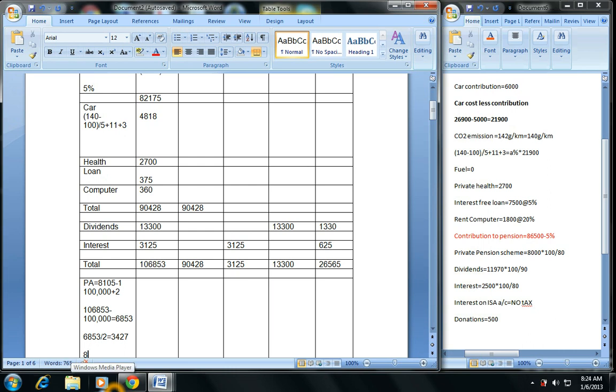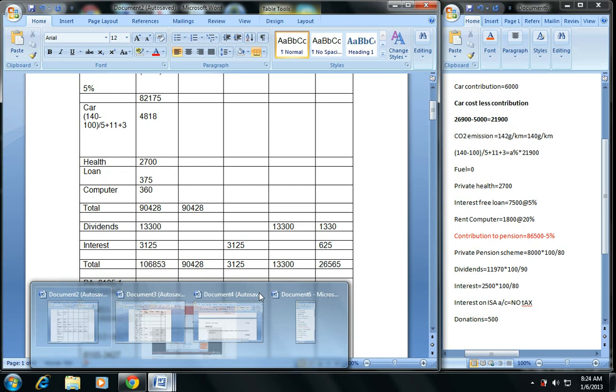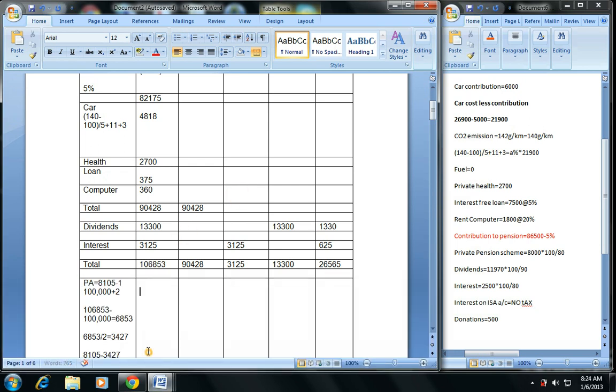Now this is the amount that she has lost, so let's subtract it from her personal allowance of 8,105. This is the amount she has lost in total for getting more than 100,000. Now we are left with 4,679. We have to subtract the personal allowance from this total, so in that sense we're giving her tax relief.